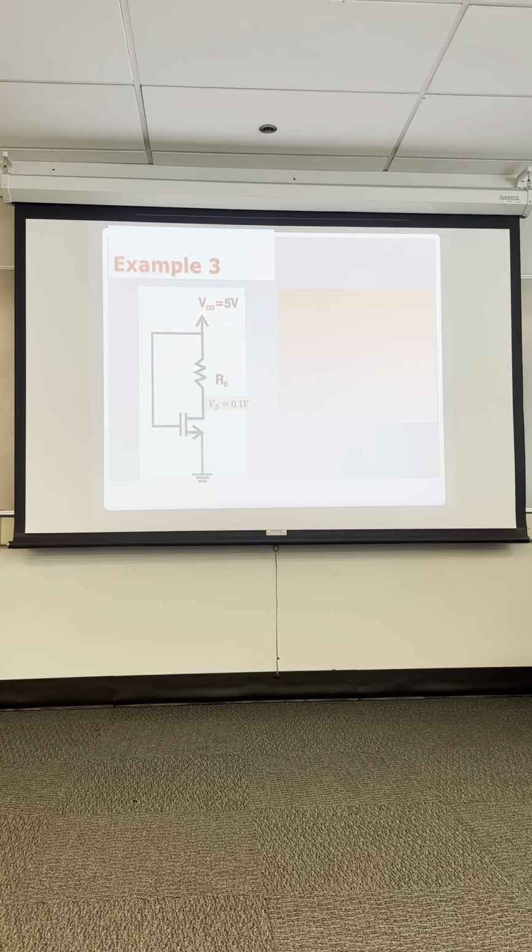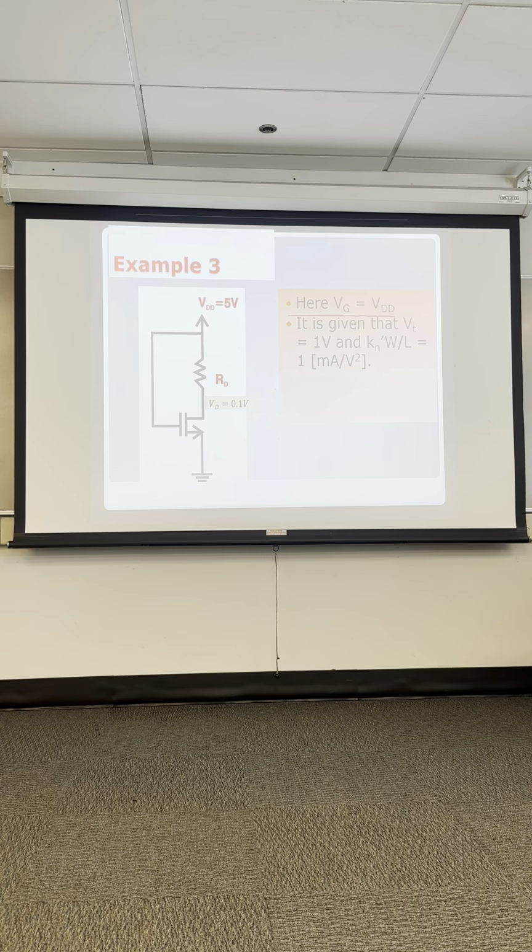Another example here, on the NMOS enhancement device. We notice the gate is tied to the battery and the source is tied to ground, so two of the voltages are known. The gate voltage is 5 volts, the source is equal to 0 volts. So the gate is equal to the battery VDD.